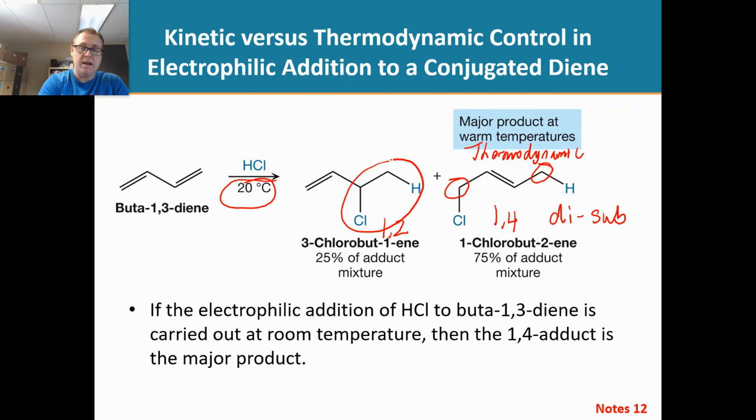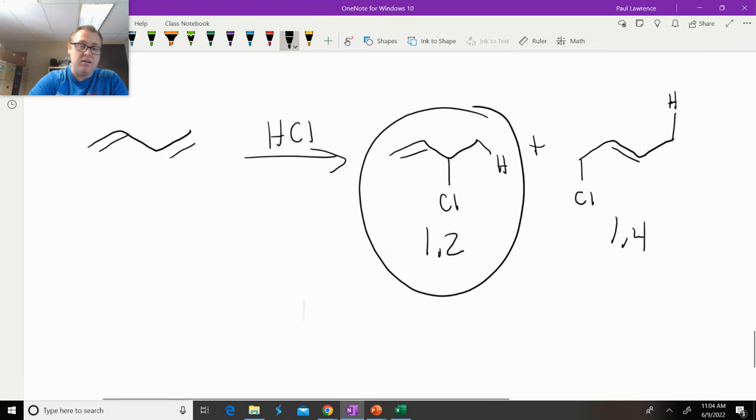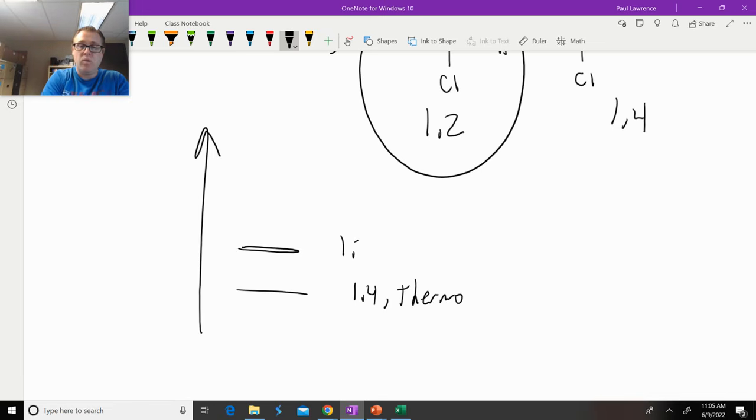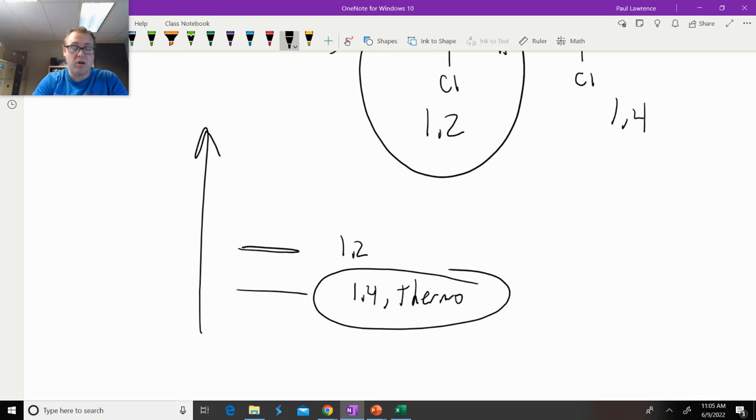It only has one alkyl group attached to it. So if we look at this energetically, the 1,4 or thermodynamic product is going to be lower in energy than the 1,2 product. Okay. And just to repeat myself, the reason the thermo product is more stable is because it is more substituted.